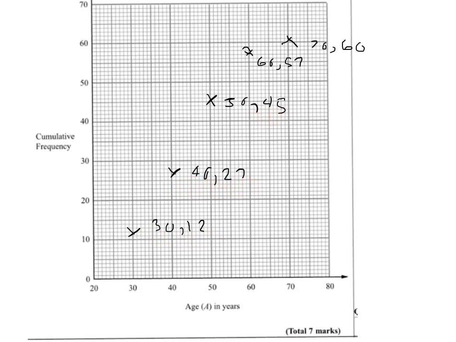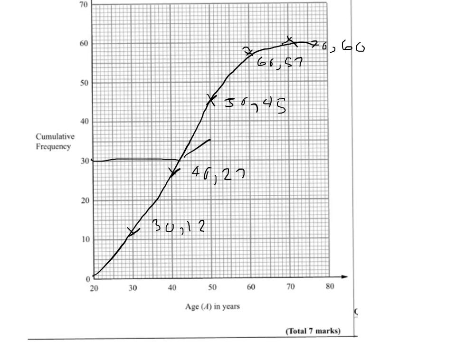So now we just draw a smooth curve through these points as best we can. Okay, that will have to do on my iPad. You can probably do a better drawing. If you miss badly, rub it out and do it again. You're now asked to find the median age. Well, there were 60 people altogether, so the median will be the 30th person. So we need to draw a line across from 30, and we need to come down.